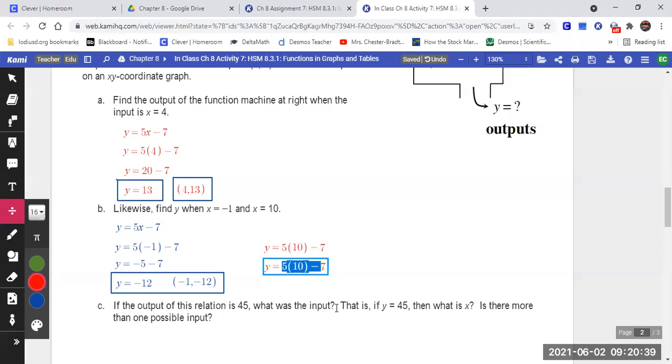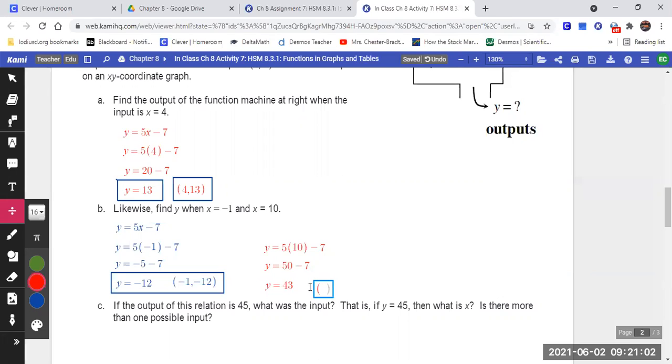What would I get? 50. Okay, and then I find the final answer. What am I going to get? 43. And what would my coordinate pair be?